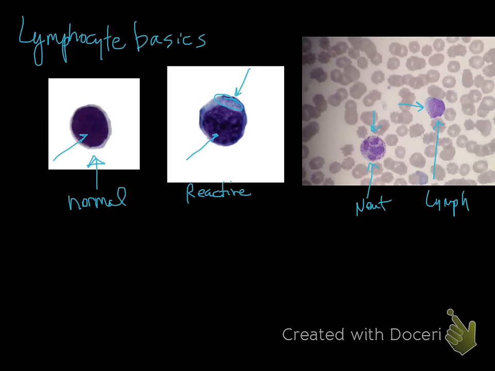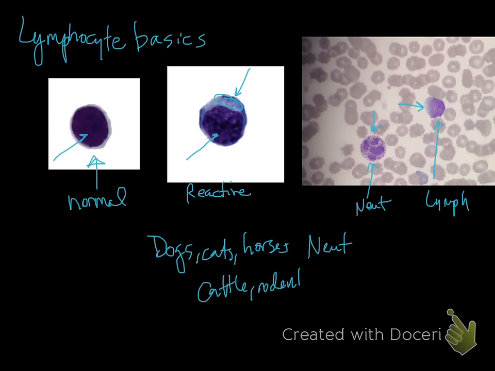When you have lots of cells that are granulated, in this case it was a storage disease, but I just included this picture because it was a nice difference between the small lymphocyte versus the normal size of a neutrophil.